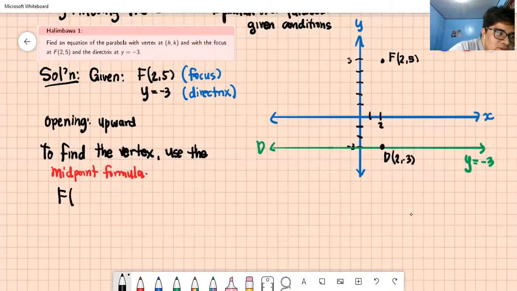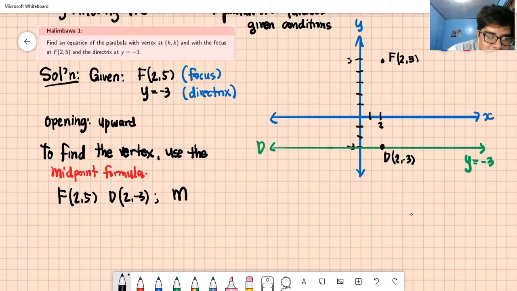F is 2, 5. D is 2, negative 3. So by the midpoint formula, M is equal to, ano siya, vertex, kasi the midpoint is equal to the vertex, is just equal to x1 plus x2 all over 2, comma y1 plus y2 all over 2.